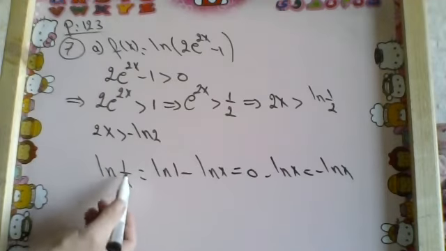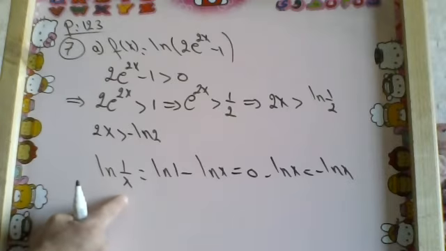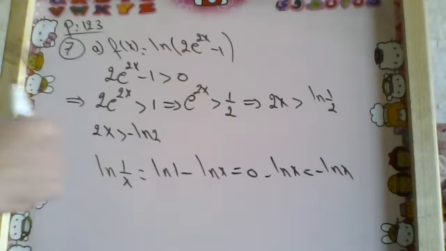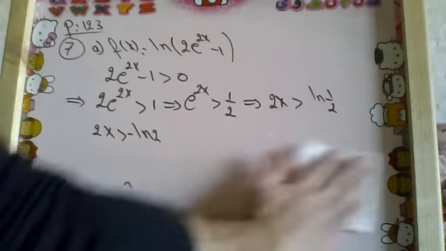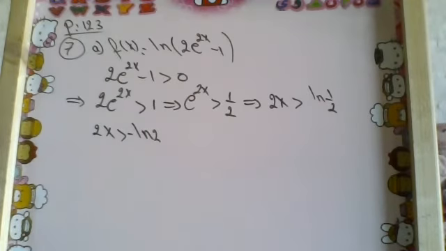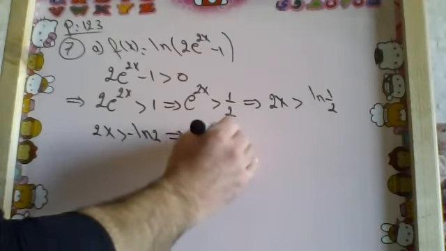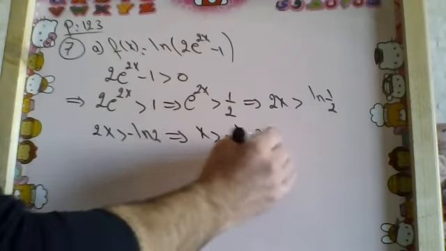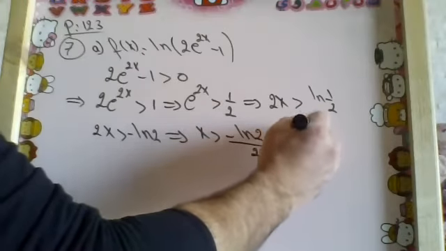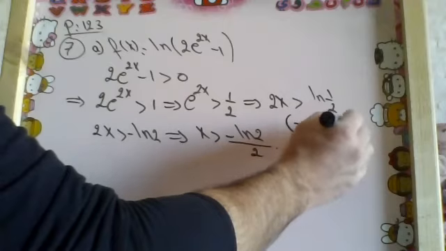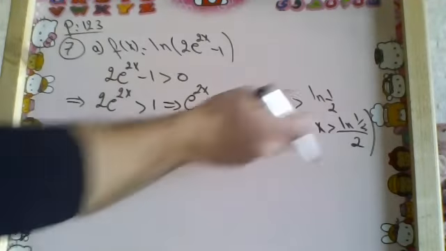The ln of the reciprocal of a number is the opposite of the ln of this number. Even if you leave 1 over 2, there is no problem. Divide by 2, then x is greater than negative ln 2 over 2, or ln of 1 over 2, over 2, the same thing.